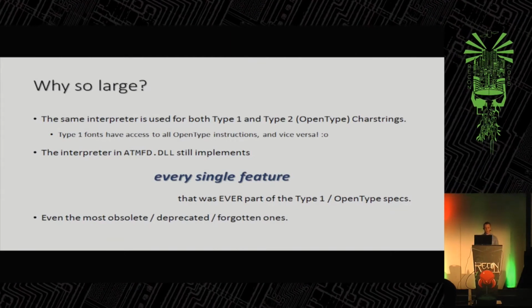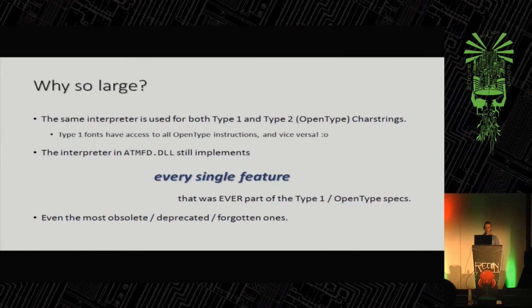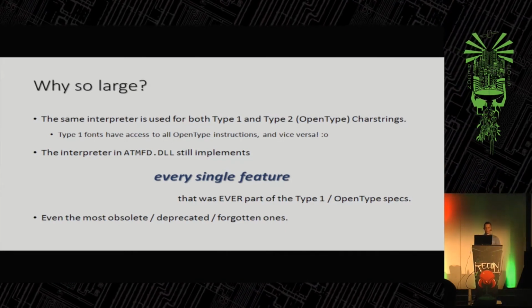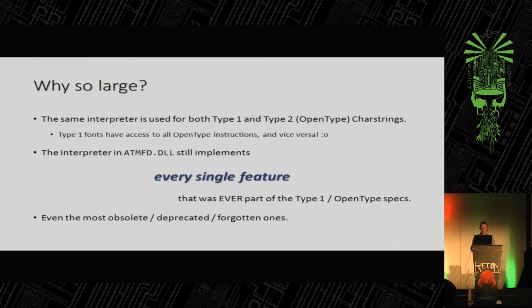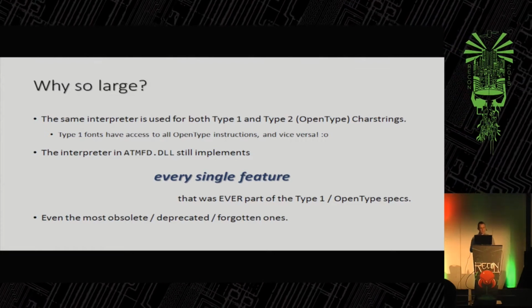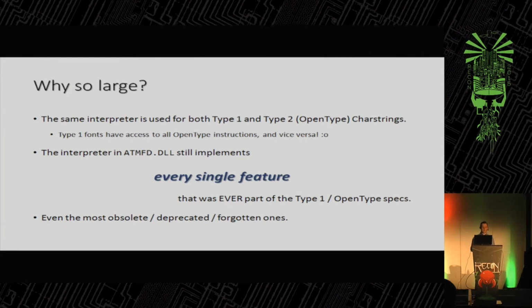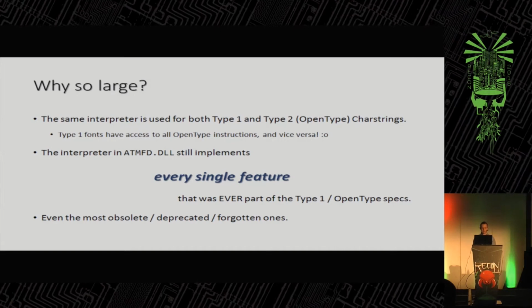And so a very important question is, why is the function so large, right? Because there aren't that many instructions. So first of all, the function is responsible for both executing type 1 and type 2, which type 2 are OpenType charstrings. So it is used for both of them. And this could be useful because type 1 fonts now have access to all of the OpenType instructions and vice versa.